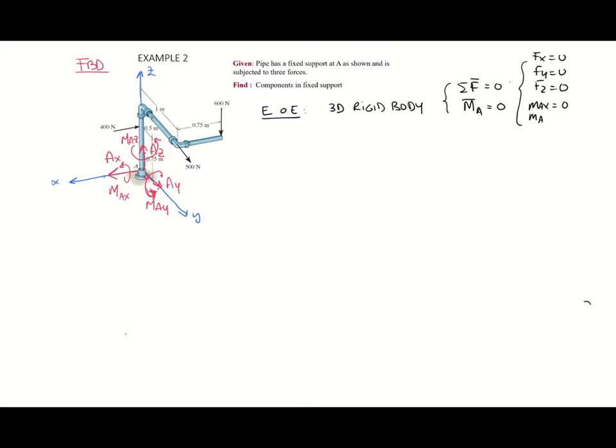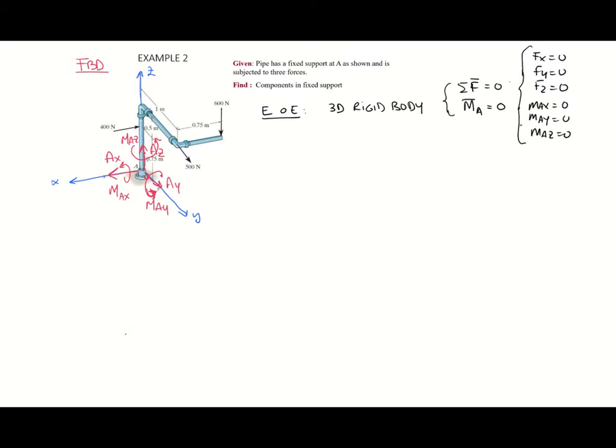I'm going to write it in small letters to make a difference, and then the same for y and z. As you know, taking moment with respect to an axis, we can actually use any point of that axis. So eventually we could write only Mx, My, and Mz.